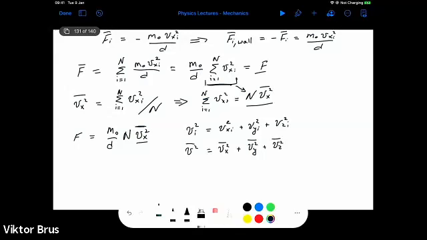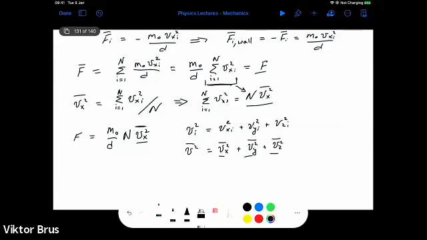Okay, now coming back again to these initial statements, we were claiming that all molecules are moving randomly. If they are moving randomly, there is equal possibility that they move in any of these directions, which means that these parameters are equal to each other.